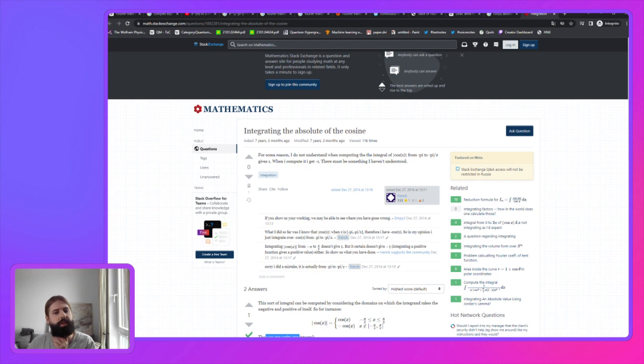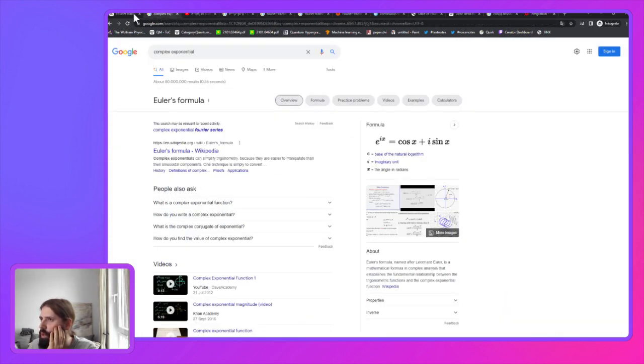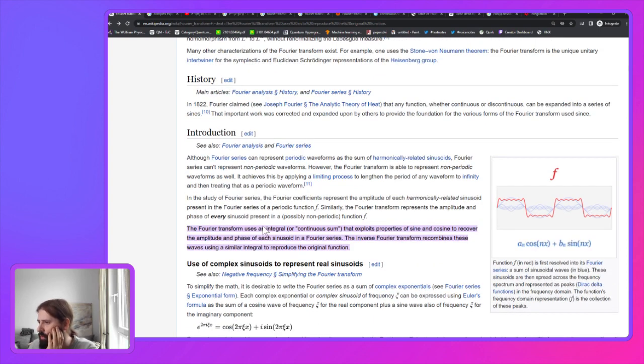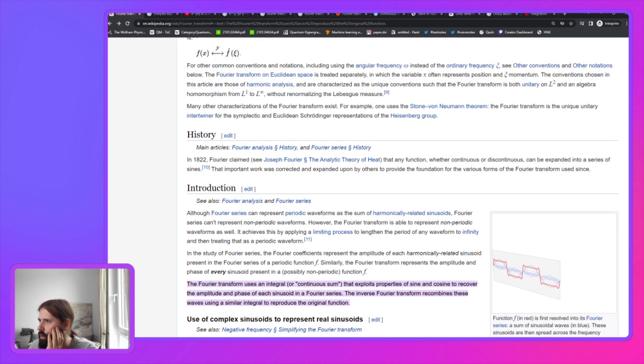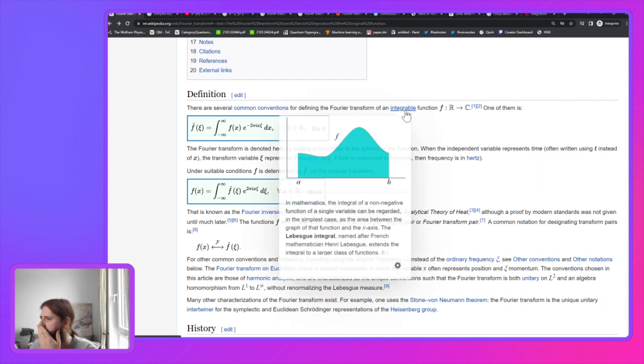Okay, so maybe this has something to do with the requirements for these to work out well, and that's why it doesn't have a well-defined Fourier transform. An integrable function, because it's negative, maybe an integral of a non-negative function.